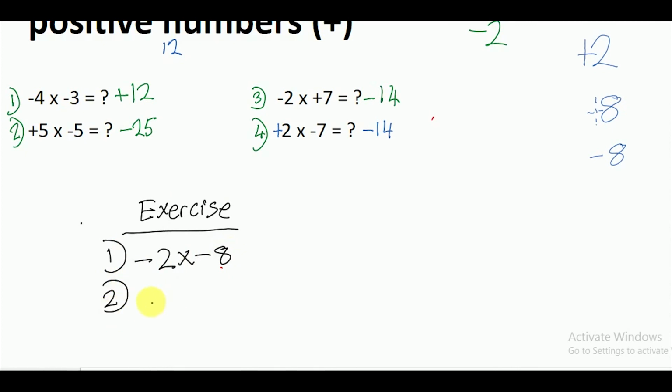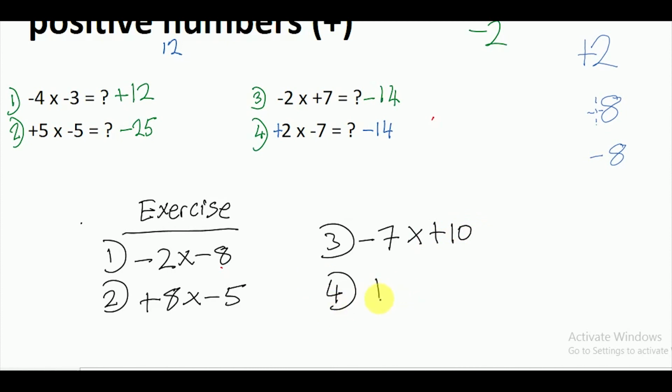Number 2: plus 8 times minus 5. Number 3: minus 7 times plus 10. Number 4: plus 6 times plus 5.